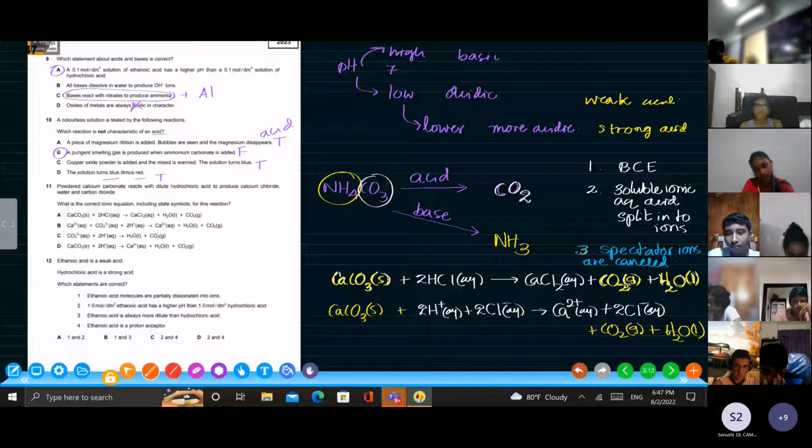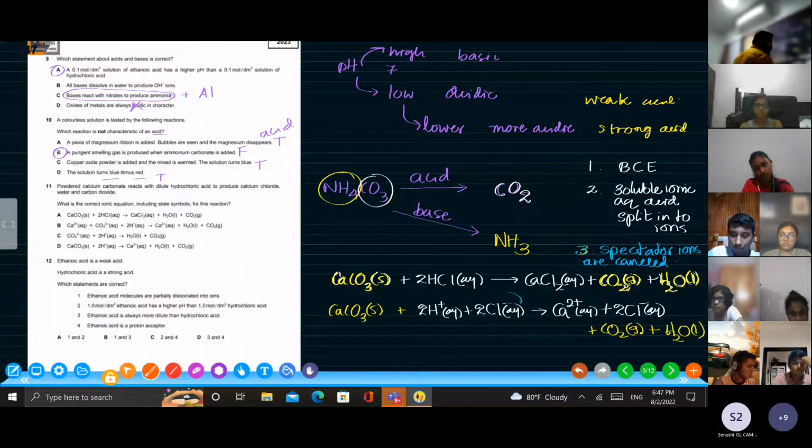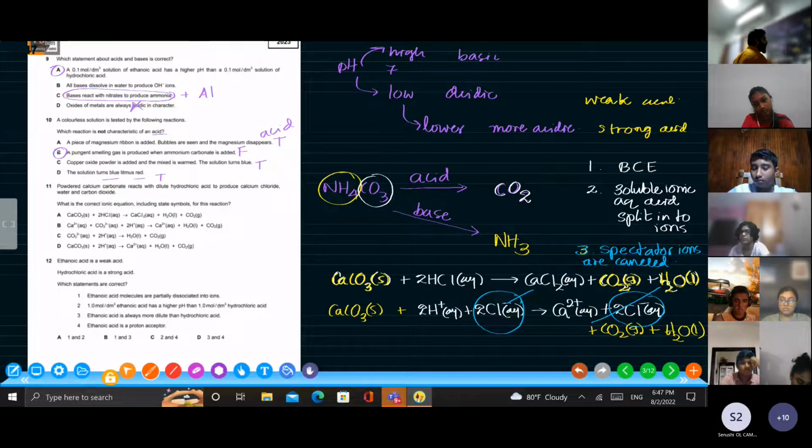No, there is a change. H plus ends up in water. Do you get it? And chloride ions: you have 2Cl minus aqueous on both sides, so those are the spectator ions. Cancel them out. What is remaining is the ionic equation.